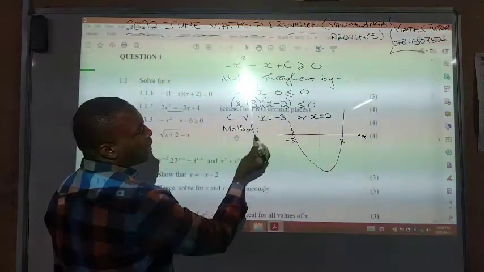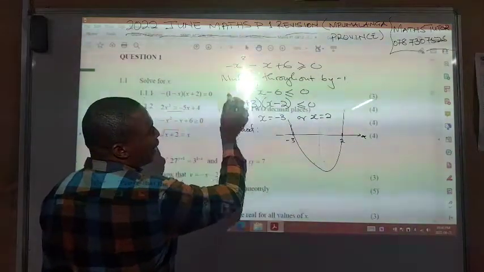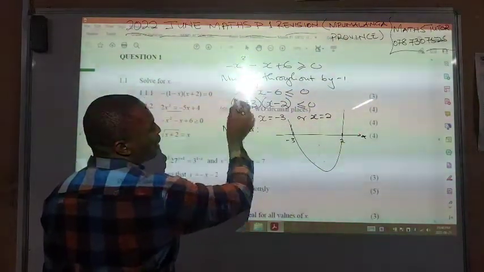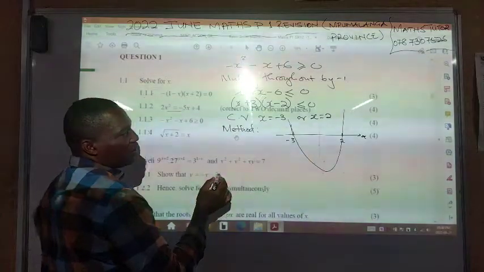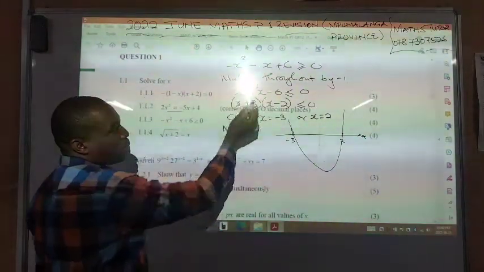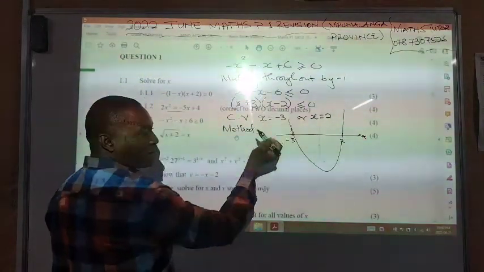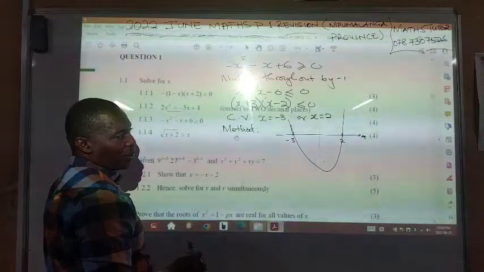So what we are saying here is that the values of y, which are represented by the quadratic expression, x squared plus x minus 6, they must be less or equal to 0.